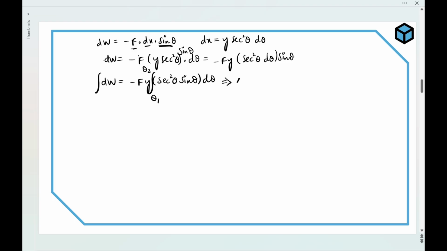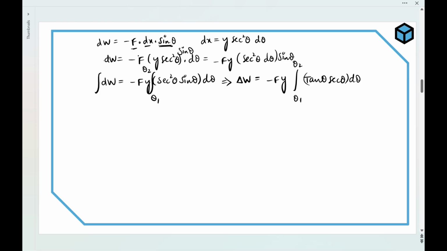So we can write delta w is equal to minus F into y, and here secant square theta into sin theta. One secant theta normally, another secant theta is 1 by cos theta, so sin theta by cos theta is tan theta. So we integrate tan theta into secant theta from theta 1 to theta 2.